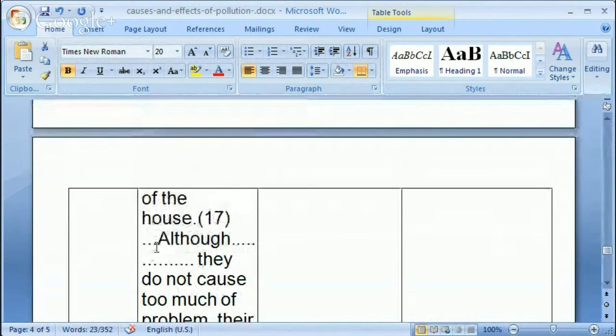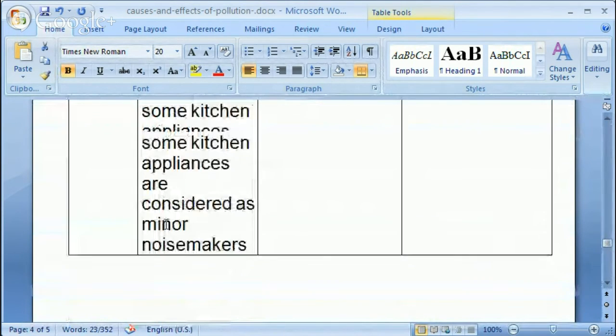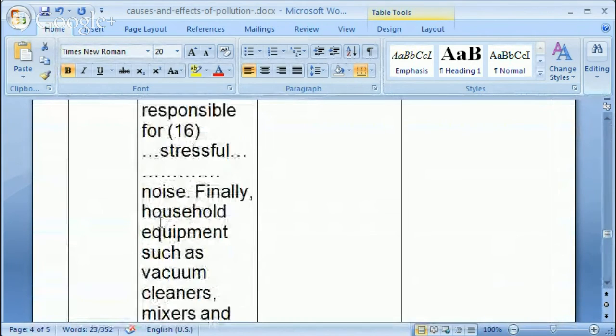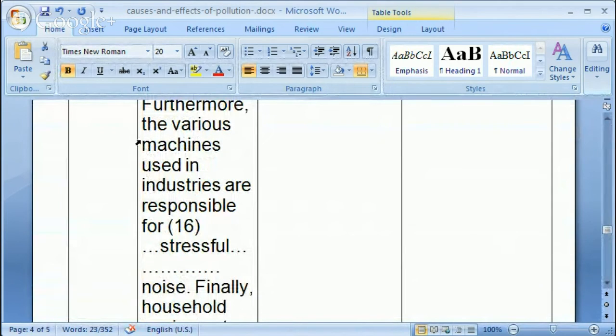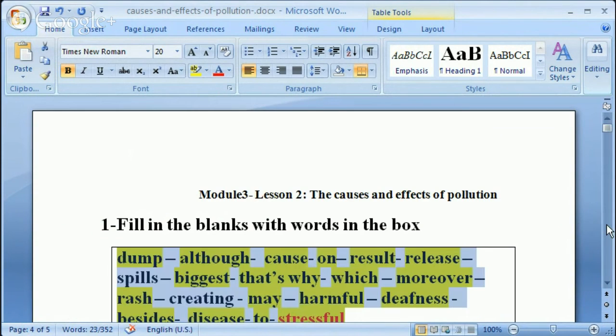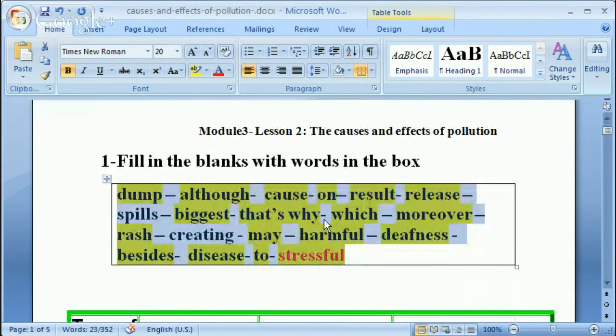All right, looking at the other stressful, is there any other word that would make sense here? Okay, furthermore, various machines and industries are responsible for something noise. Is there anything that makes sense?